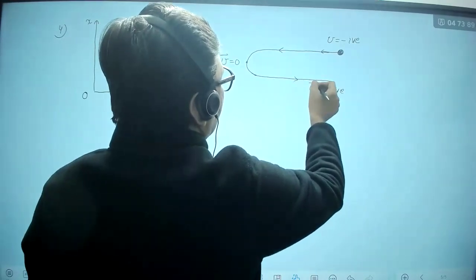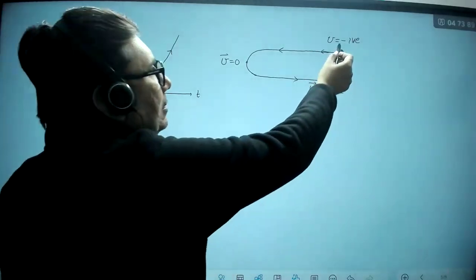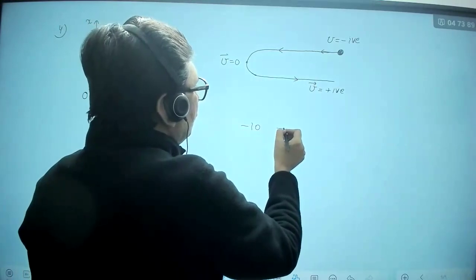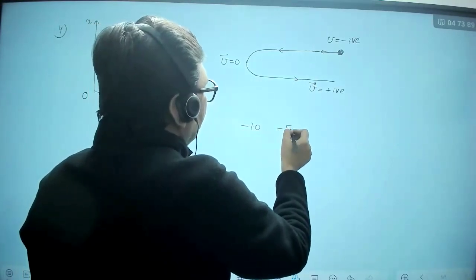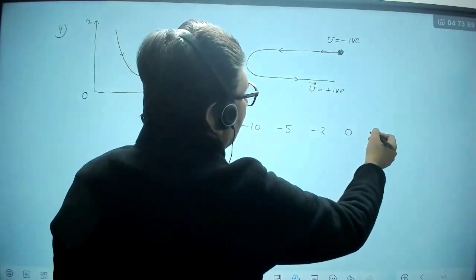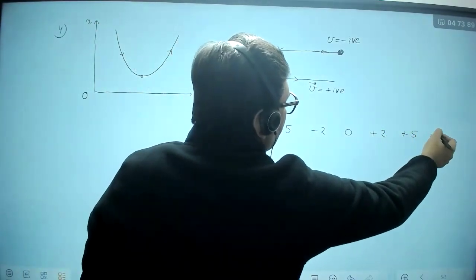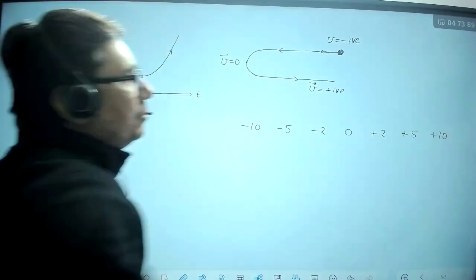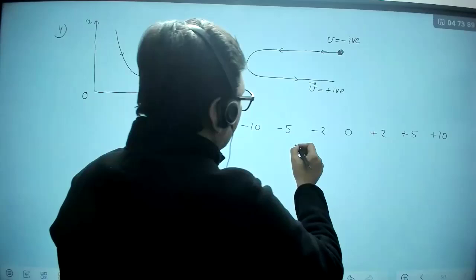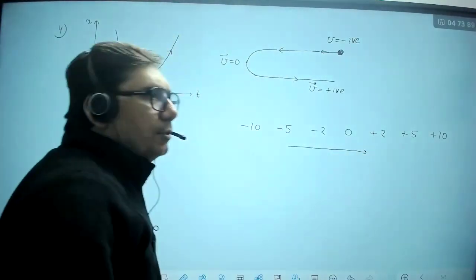Velocity will be positive. So what is happening here? First, velocity was negative. Suppose minus 10, it decreased to minus 5, then to minus 2, then 0, plus 2, plus 5, and plus 10. So what can you predict about its acceleration? Acceleration is positive. Try to understand here. Direction wise, velocity is going to increase.